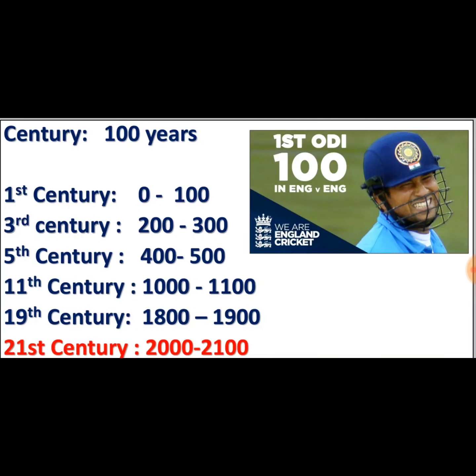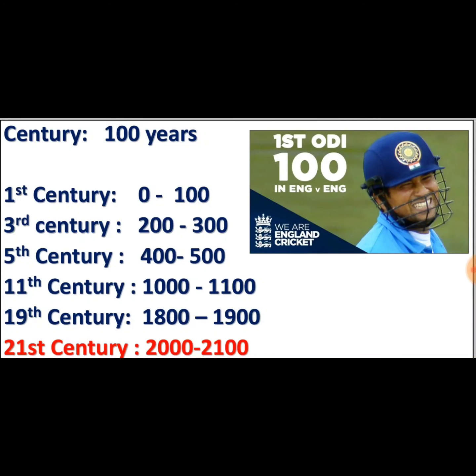Now let's understand the concept of century. As we all are aware, a century is a 100-year gap. Now what is the first century? First century is from 0 to 100 years. Similarly, the second century would be from 100 to 200, and the third century would be from 200 to 300.